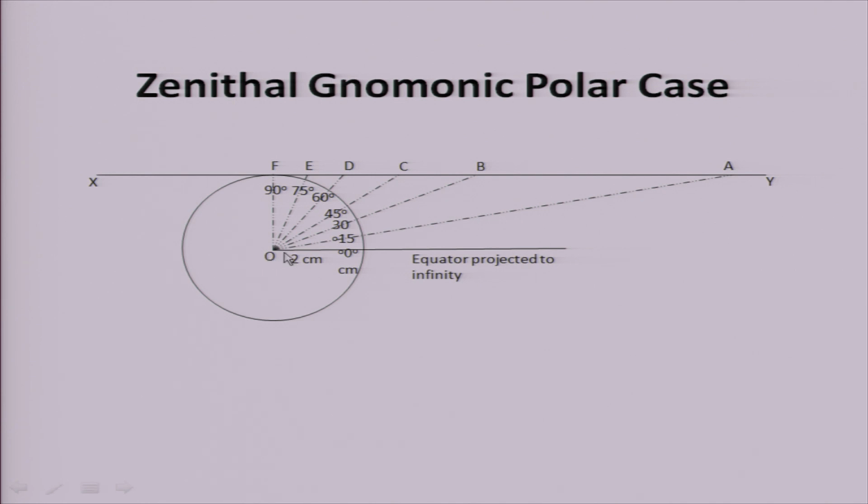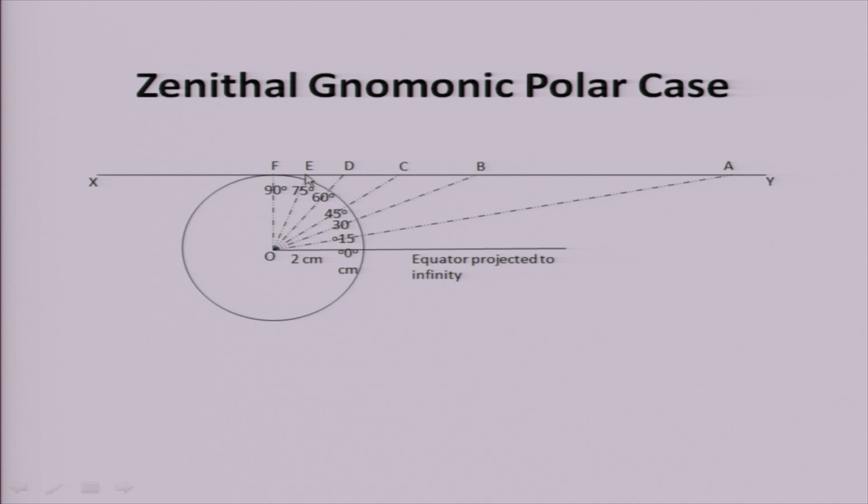So we project the lines on the plain paper, and we can see that the 15 degree north latitude is projected over point A, 30 degrees over point B, 45 degrees over point C, 60 degrees at point D, 75 degrees at point E, and the North Pole is projected at point F.